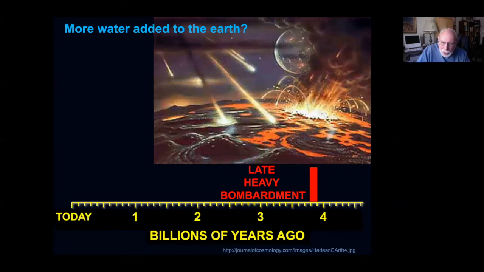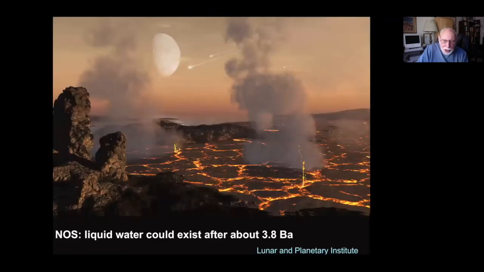It's based upon the amount of craters that have been found and their age on the moon. And presumably the Earth took the same kind of a beating about 3.8, 3.9 billion years ago. And those comets would have added water. So water probably was being added over a fairly long period of time.